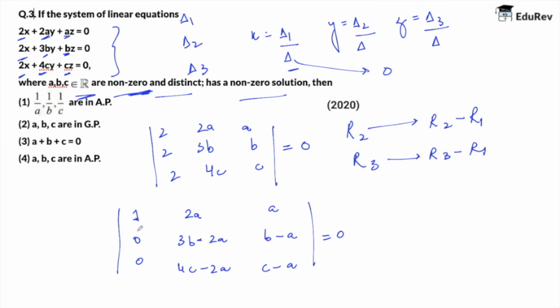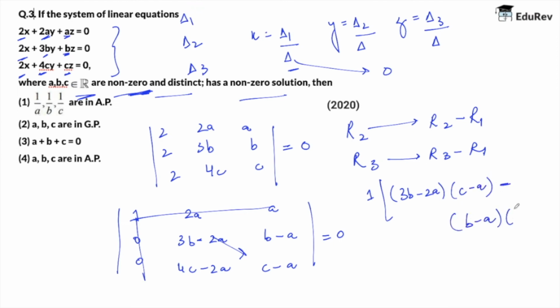Now when I solve this, I can say 1 into this times this, that is (3B minus 2A) times (C minus A), minus (B minus A) times (4C minus 2A).